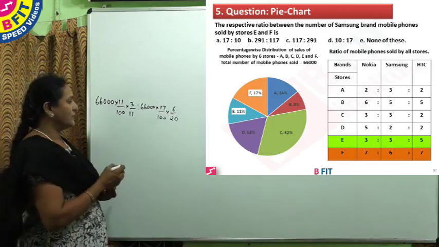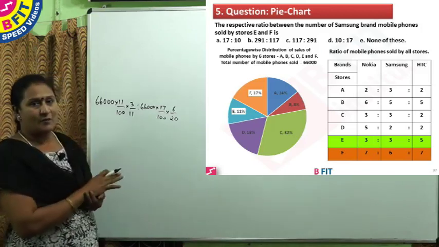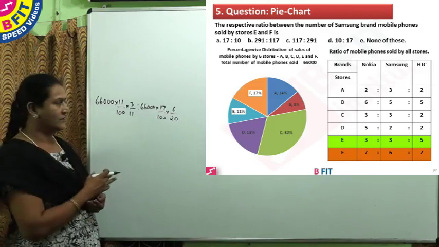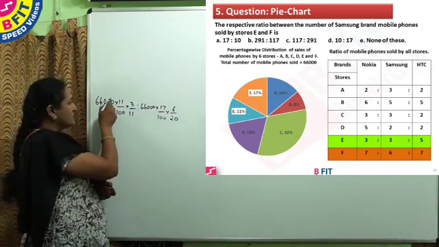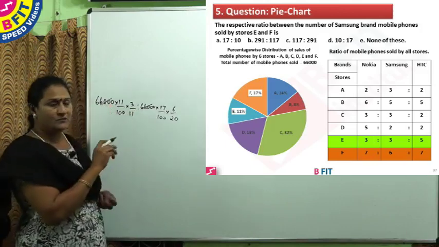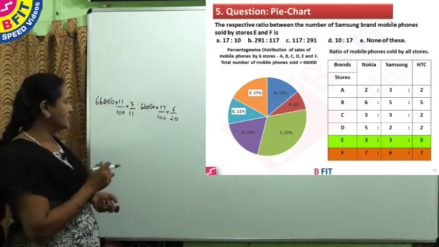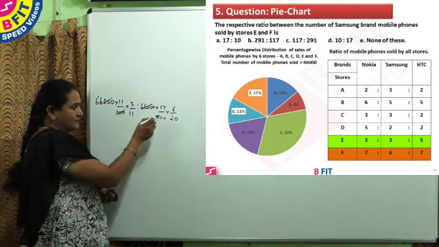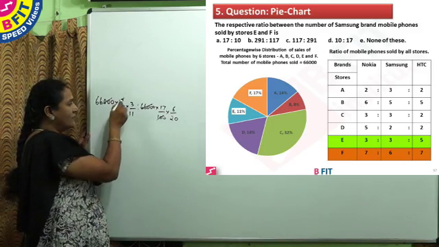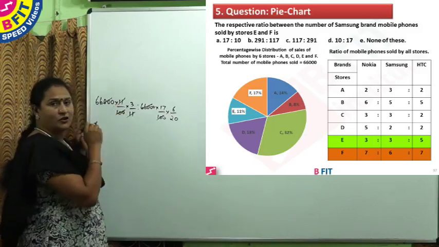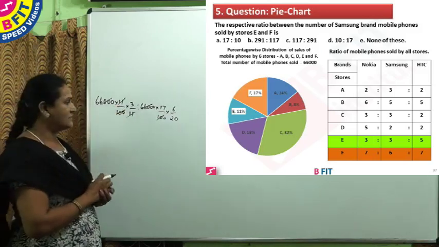And now to get the ratio, we'll cancel all the common terms and common factors and then multiply whatever is left. So 66,000 we have in both the parts, so we'll cancel the common terms, and we have 100 also, so cancel this 100. So in the first part, we have 11 in the numerator and 11 in the denominator, so this can be cancelled.